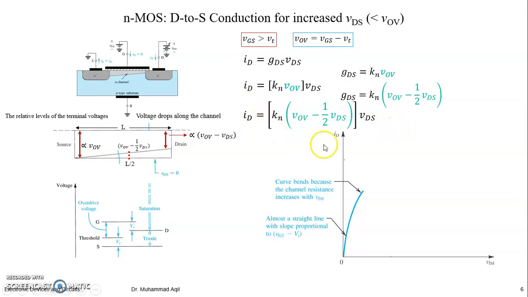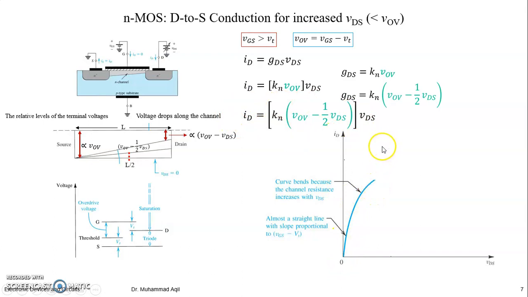You can use only this formula for the whole region. Why? Because previously your drain to source voltage was in millivolts, and this relation exists only for millivolts. Even if you use this formula for that region also, millivolts divided by 2 can be neglected, so this thing stays intact. So you can use only this formula for this region.